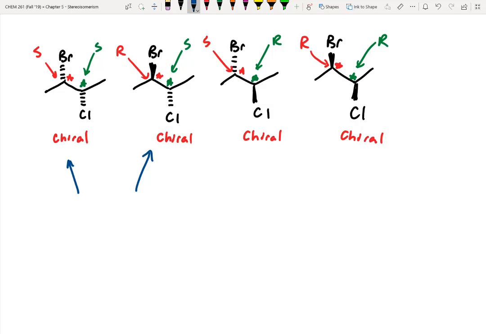No. If we look at the stereocenters for the one where bromine's coming off, you see how they're flipped? So S and R, that is a mirror image, but the stereocenter in green is not flipped. It was S and S. So that means that these must be diastereomers. Do those have the same or different physical properties? Different.